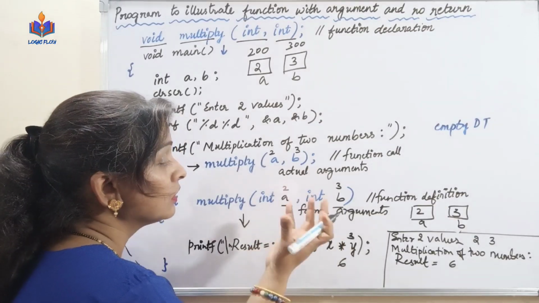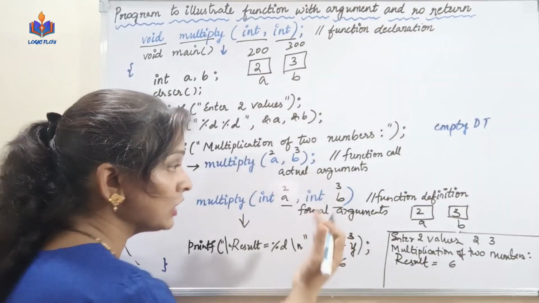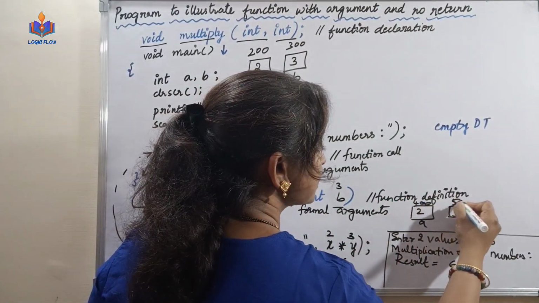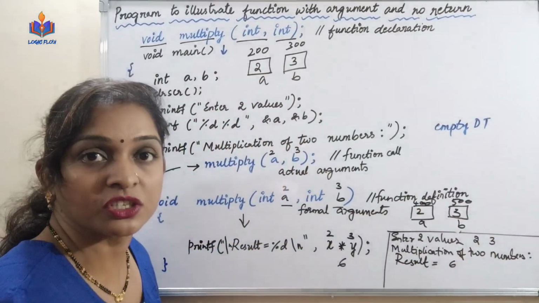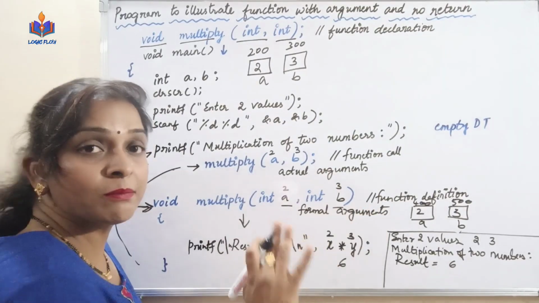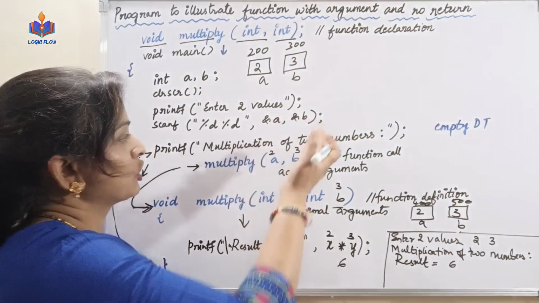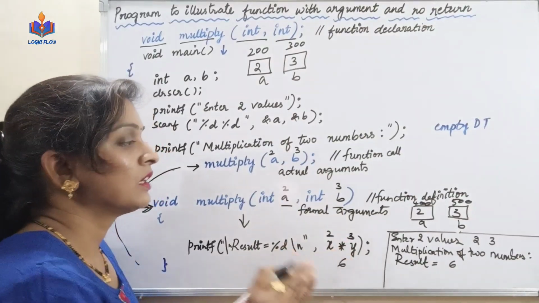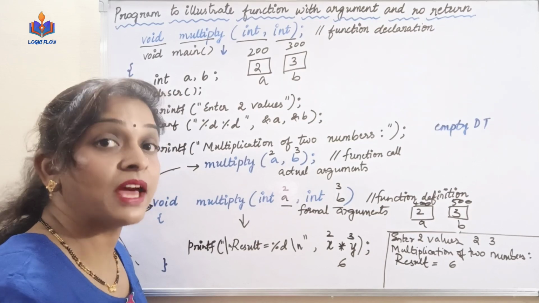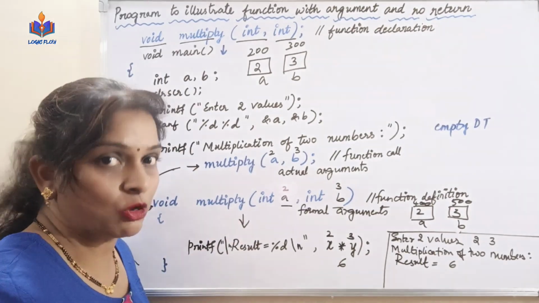So here A and B are different variables. They are created newly. So here let it be the address say 400 and this is 500. Different locations. So if you have the same variable name, no issues. But sometimes if some confusion arises with the actual arguments and formal arguments, it's better to have different variable names. If you have the same variable names also, they are treated differently because they are created newly with a different memory location.